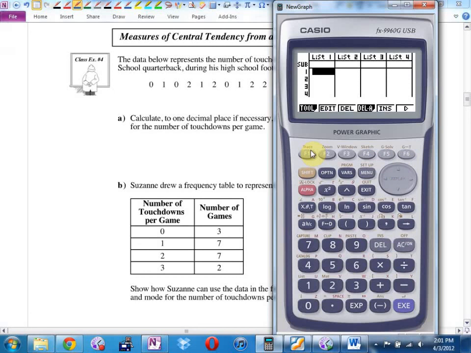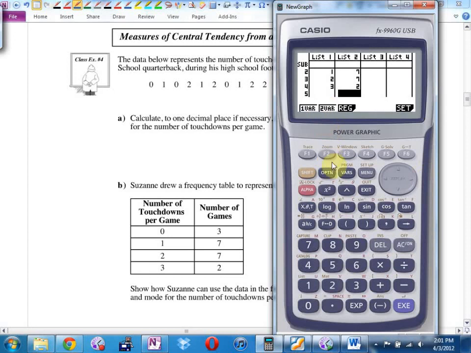In list 1, let's type 0, 1, 2, 3. And in list 2, let's do the frequencies: 3, 7, 7, 2. Oh, I need to go F6 to get the calc menu back up. You may need to as well, if you have to delete. And let's do some calculations, which is F2.